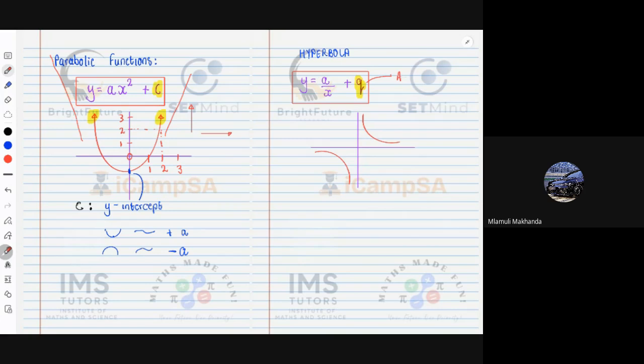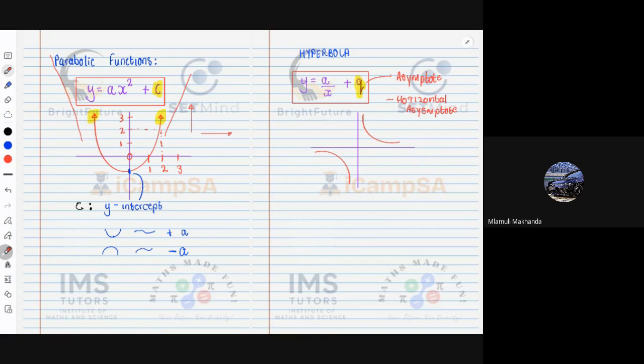For this formula, q represents a horizontal asymptote. We don't touch that place, or that value, in the graph.